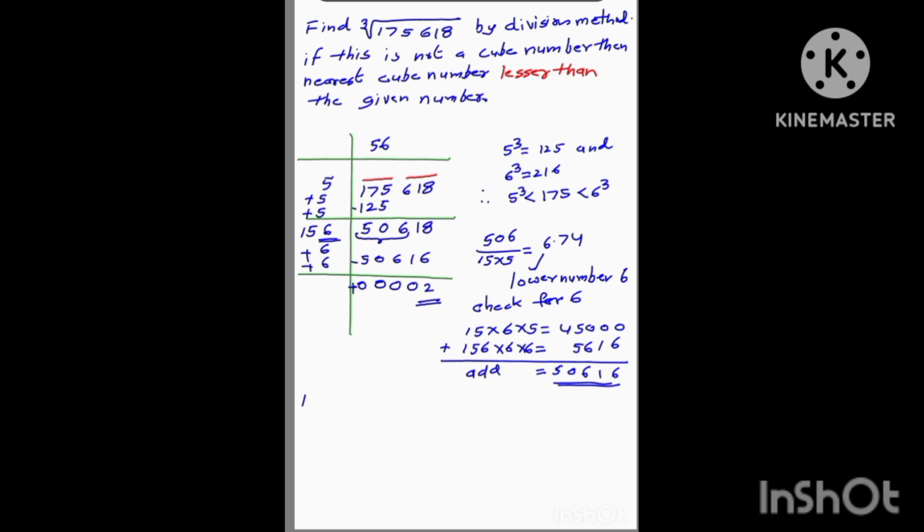That means if you are getting some remainder, the given number is definitely not a cube number, or it doesn't have any cube root. But if you subtract 2, as you are getting plus 2, from the original number, you will get a number which is lesser than the number given and a perfect cube number. Okay, so 175618 minus 2 is 175616, which is a cube number, having a perfect cube root.